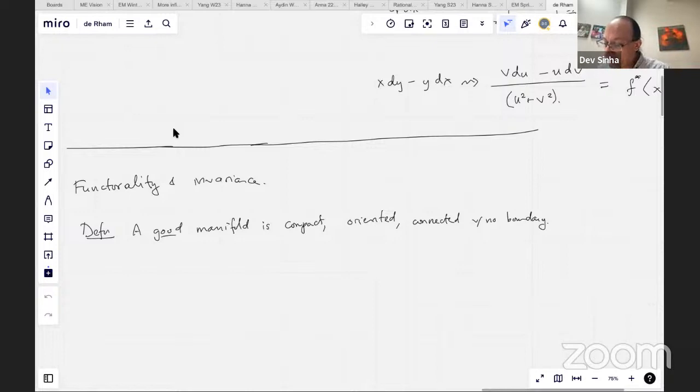And suppose we have a map from M to N where M is good, N is arbitrary, and omega a closed form on N. So that means that d omega is 0, its derivative is 0.